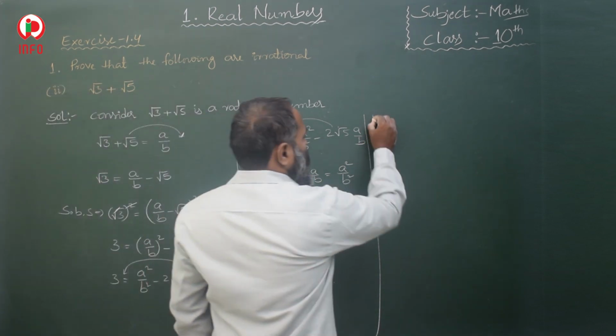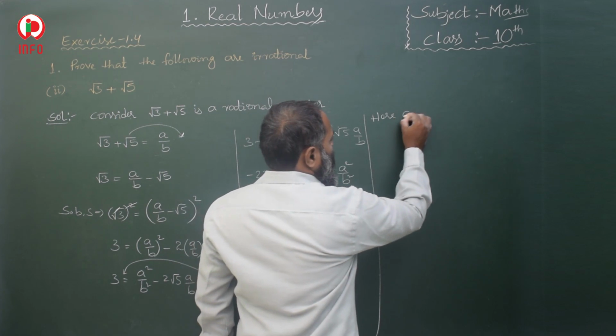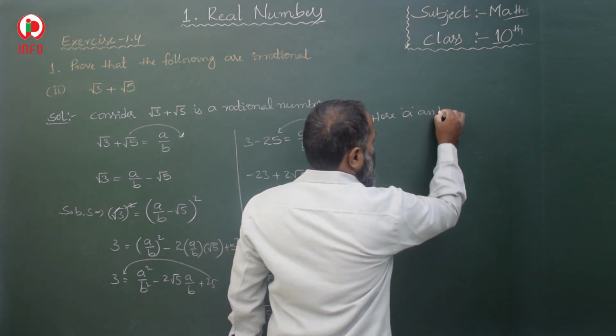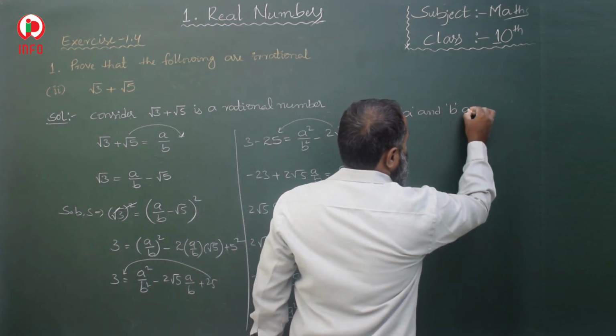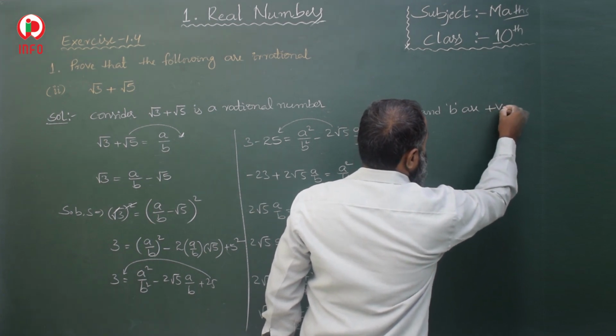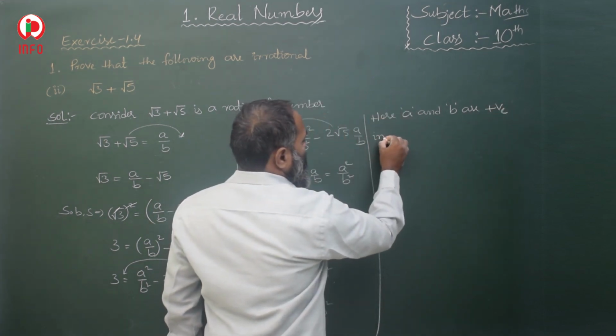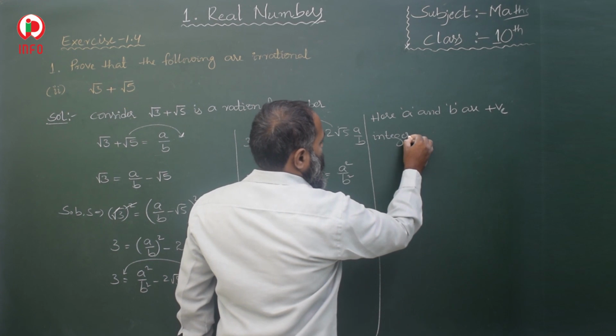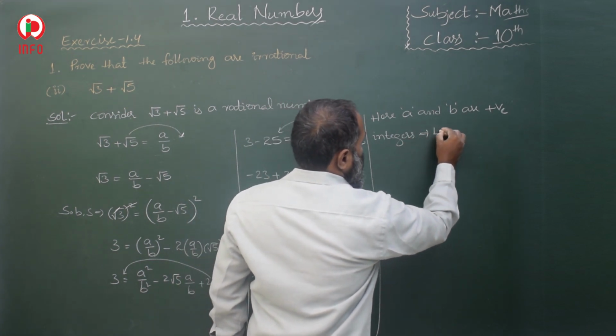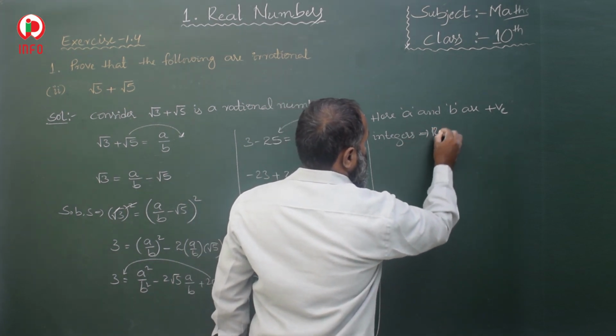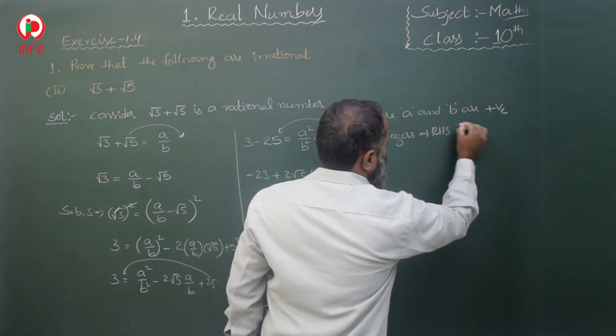Here a and b are positive integers. That implies the RHS, right hand side, is a rational number.